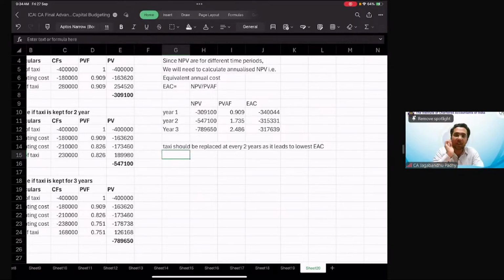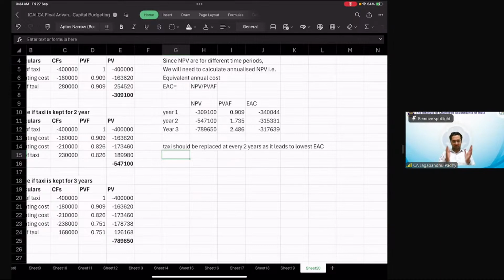These amounts are definitely going to be negative, Oja, because these numbers only consider the outflow. Inflow is constant in all the 3 options. So we decide on the basis of the lowest negative NPV, because cash inflow information is not given. So we are evaluating this project only on the basis of cash outflows.